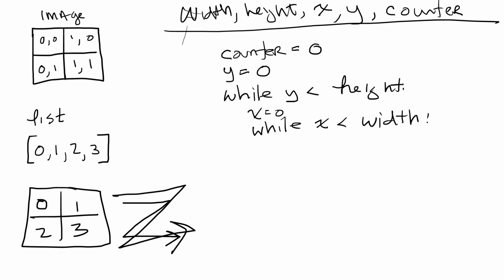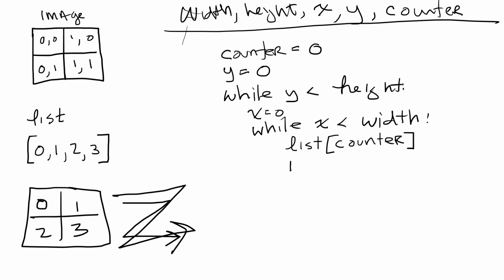This is where we can do something with counter. So we have a list here. Let's say our variable is called list. List counter would access the current one-dimensional value of the list.